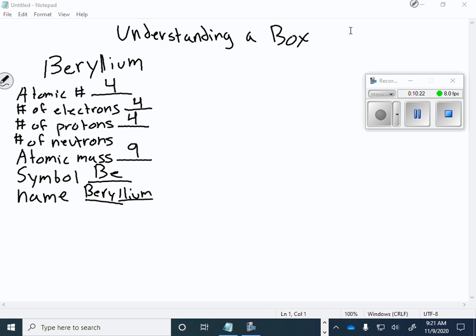All right, so all we have left is neutrons. Neutrons tend to be the one that people forget the most on how to do. Neutrons is the atomic mass minus the atomic number.